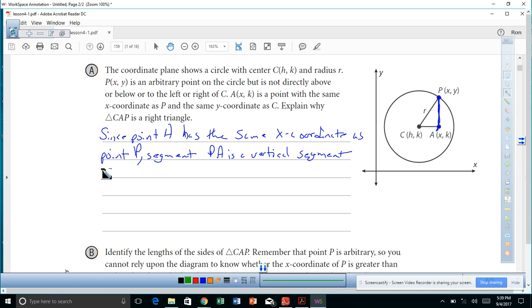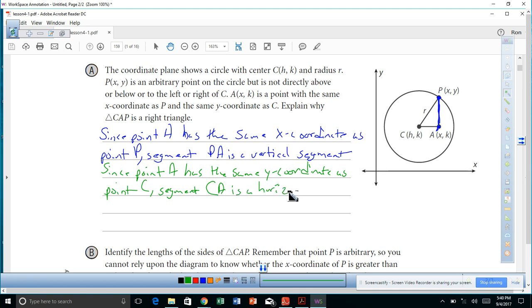Since point A has the same y coordinate as point C, segment CA is a horizontal segment.